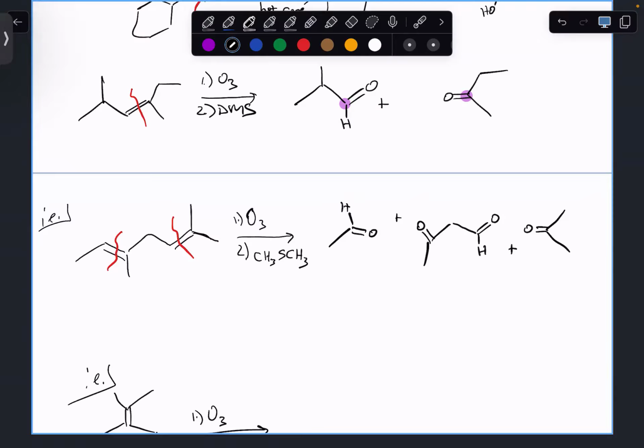By the way, one thing I didn't mention earlier, with ozonolysis, you need a step two. You need a reduction step. And that reduction step is usually either going to be this compound here, which is called dimethyl sulfide. I have it abbreviated up there, DMS, it stands for dimethyl sulfide. Sometimes you'll see zinc used as well.